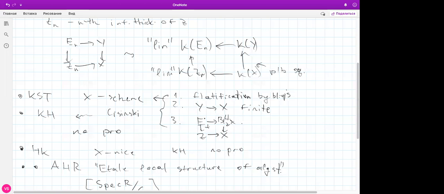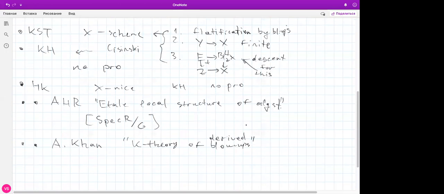So there is a paper by Adeel that actually proves descent for this, in the context of stacks.